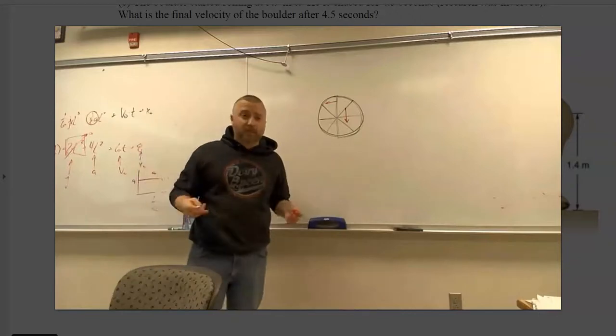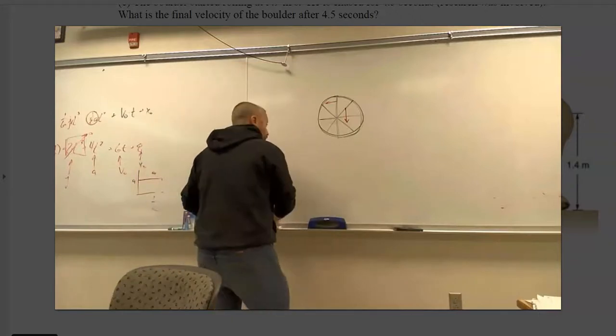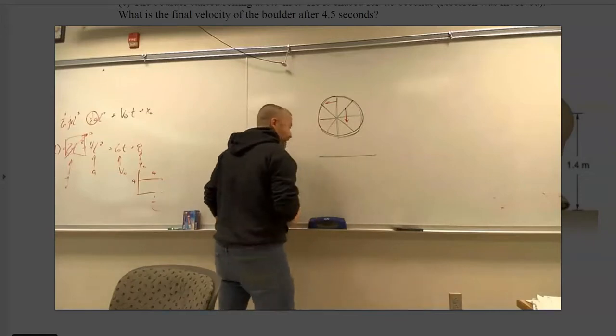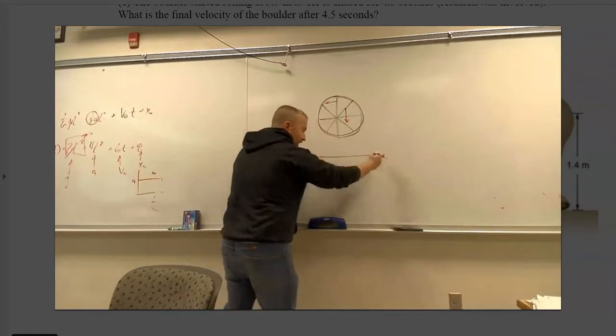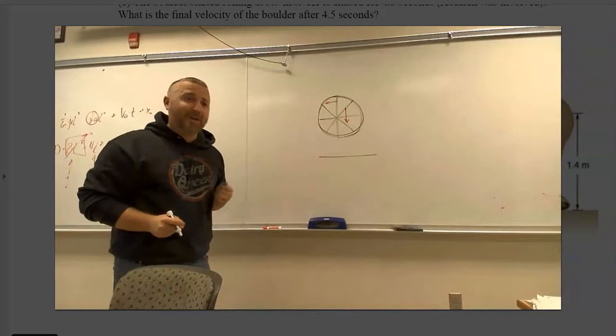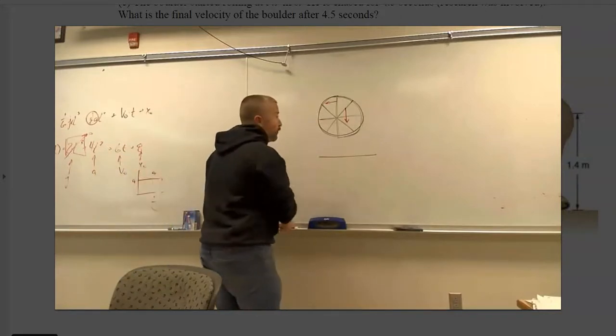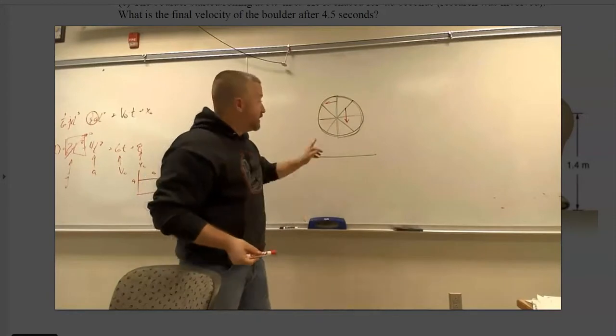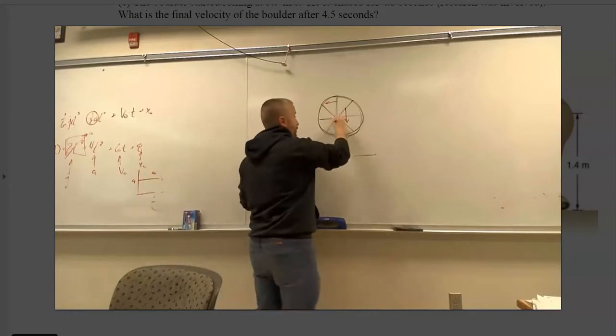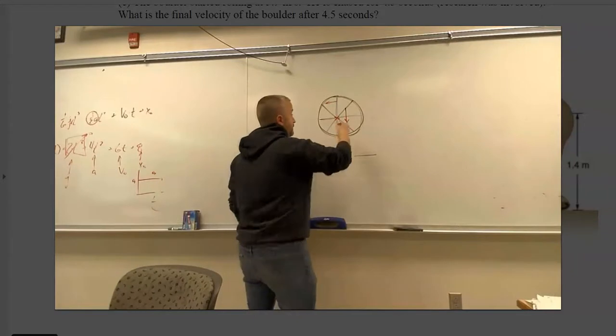Now, the reason why this is a little bit different than what we're used to is, of course, you're used to a straight line path, and the lever arm falls entirely along that path. Now, what I'm suggesting to you is this. The lever arm is from the fulcrum to the force.